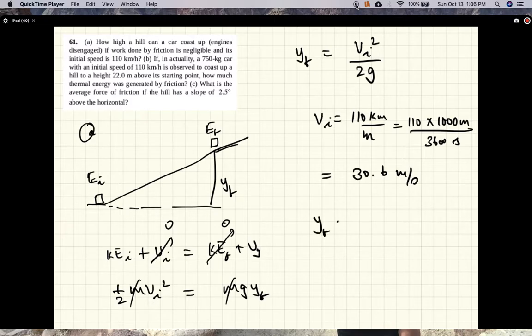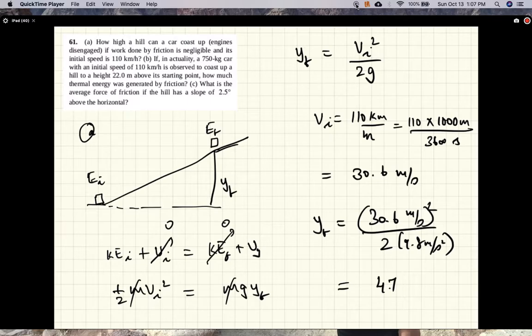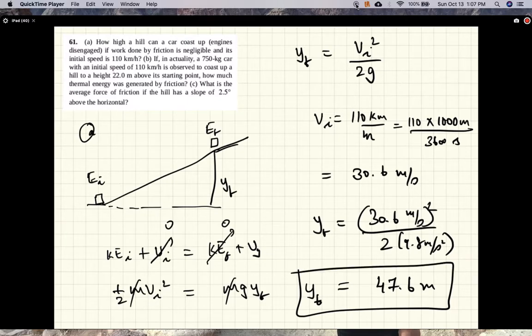Alright, so Y final is 30.6 squared divided by 2 times 9.8 meters per second squared, which is 47.6 meters. So that's how high the car would rise.